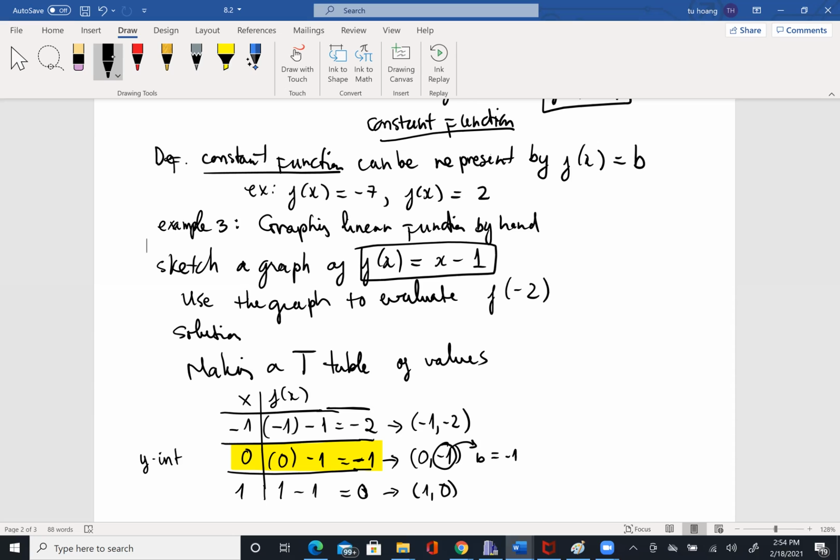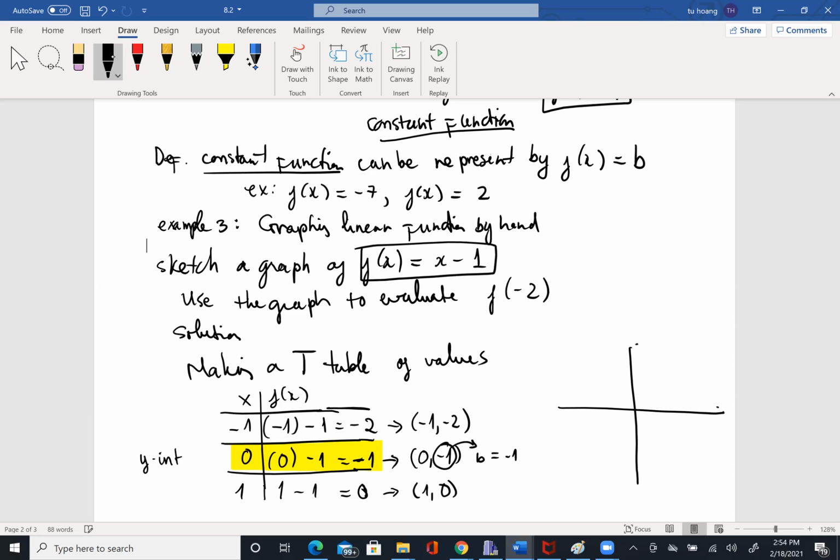Now let me draw the graph and see what happens. Here we go.